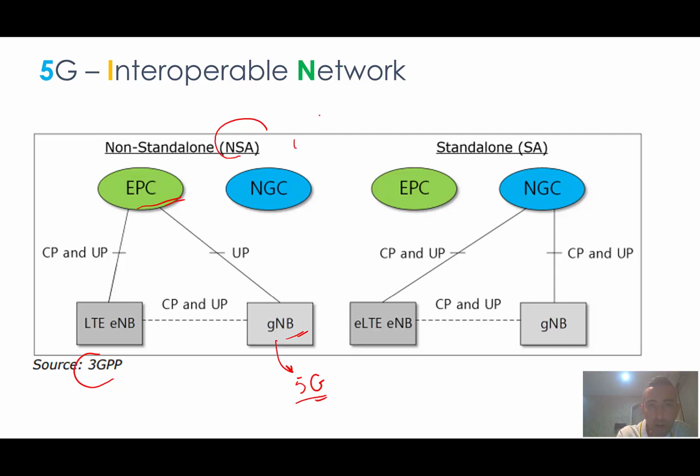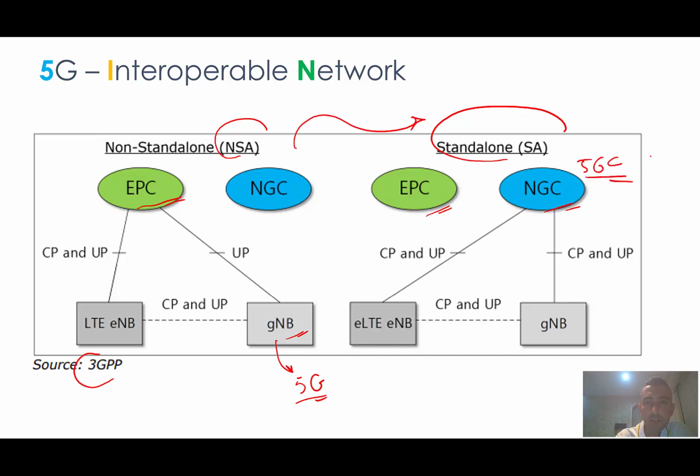But after a while, they can migrate to standalone, SA. NSA and SA. You can see that here EPC is offloaded and LTE Node B and gNB are integrated and connected to the next generation core network or 5GC.